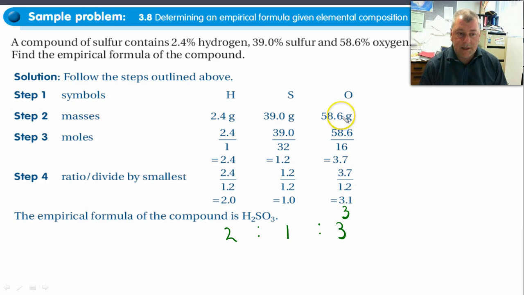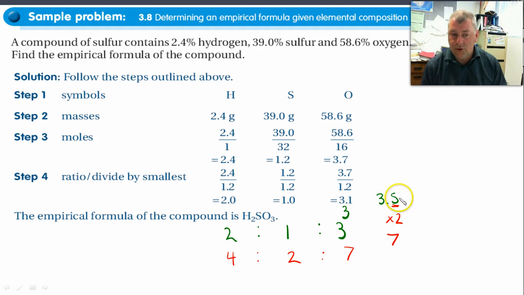Now, if we'd done this calculation here and we'd got an answer of 3.5, for example, that 5 would tell us that we need to multiply everything by 2 to make this 7. So the ratio that we would have got, hypothetically, would therefore be everything multiplied by 2, so 2 becomes 4 to 2 to 7, because we want to get rid of this 3.5, because you can't have half an oxygen in the formula.